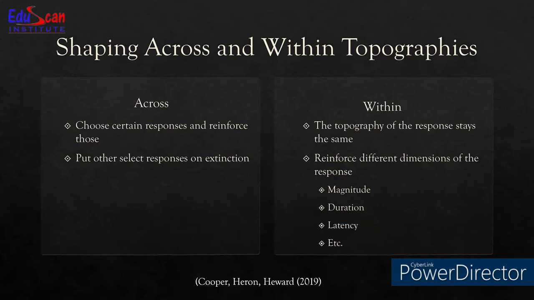So we can get closer to our terminal behavior by reinforcing, and finally getting to step six. That's all we are doing. Again, a simple intervention, but it requires precision, accuracy, and really good observation.